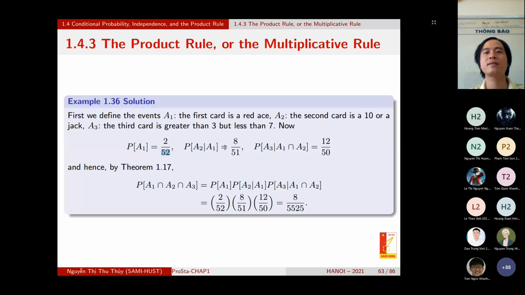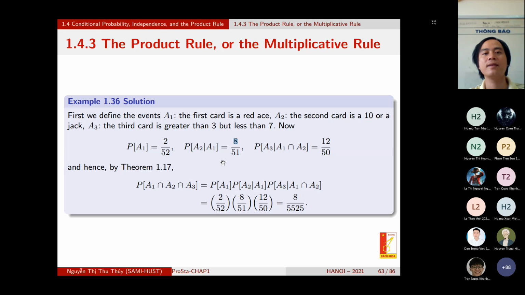The second card, A2, is 10 or jack, given that the first card is already a red ace. We can easily compute this probability. We have 4 cards of rank 10 and 4 jack cards, so in total 8 outcomes for the event A2.